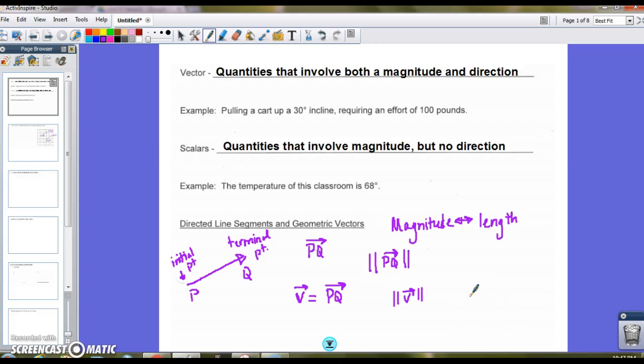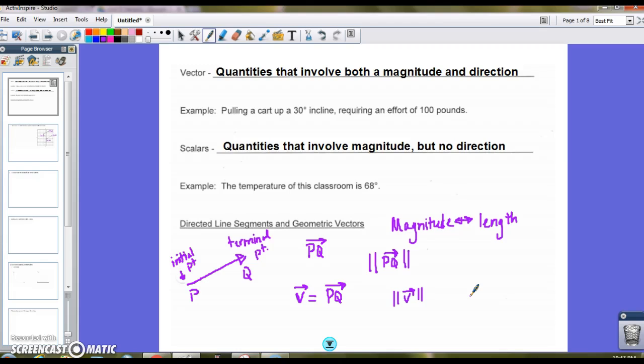Now, let's talk about relationships between vectors. I kind of wrote all over the page here, so hopefully you can find a little bit of room somewhere. We have actually 4 different scenarios when we're talking about vectors. Vectors may have the same magnitude and the same direction. If they do, they are said to be equal. They're equal if they have the same magnitude and the same direction.